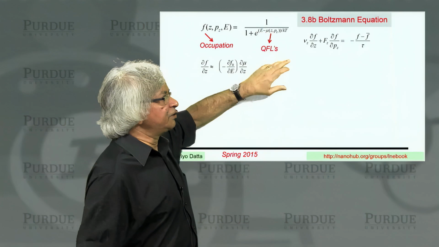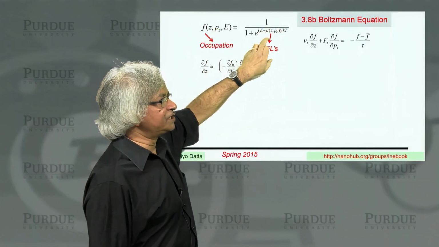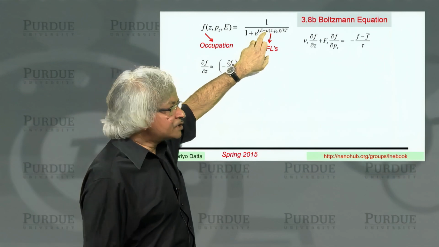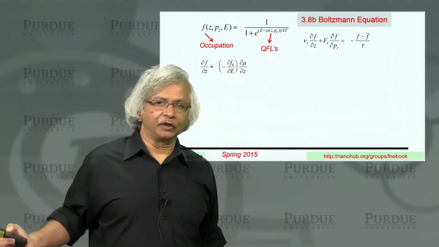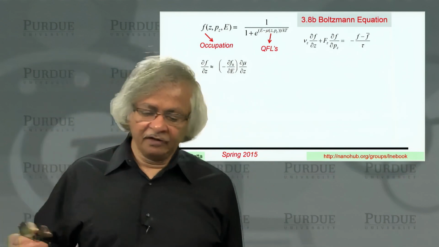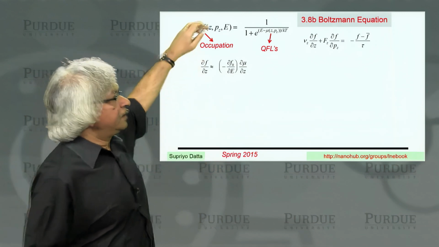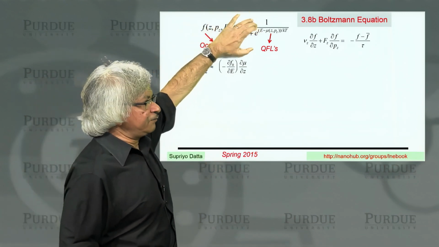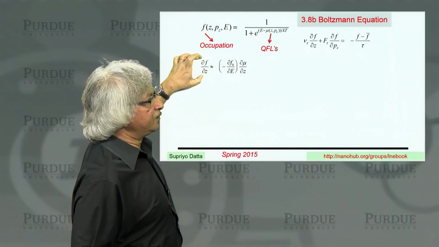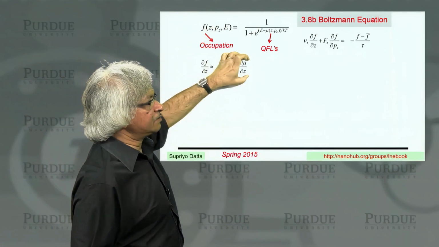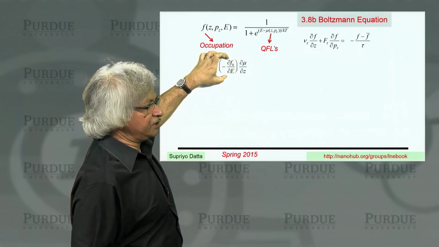But out of equilibrium, let's assume that it can be written in a form that looks like a Fermi function, but the mu is different at different locations, and the mu is different for different momenta. Now, if you start from this form, then you can write the derivative del f del z in terms of del mu del z with this df0 de in front.